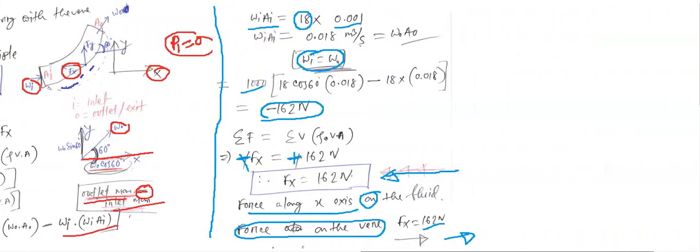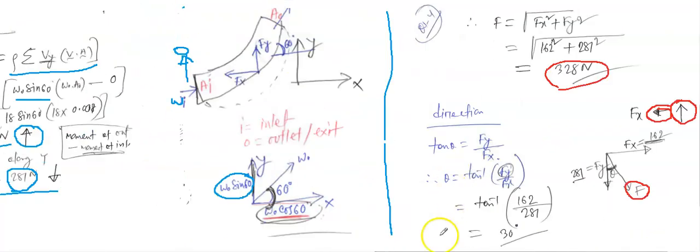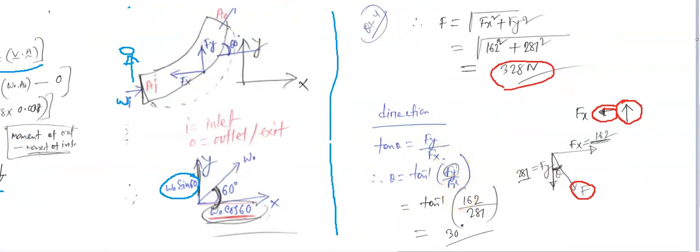Now if I go back there, you can see we said this is Fx, this is Fy. It creates the angle, this is theta, this is the force. It creates the angle theta here. If you're confused why it creates this angle here, why not this angle, let's see the diagram, the figure you have.